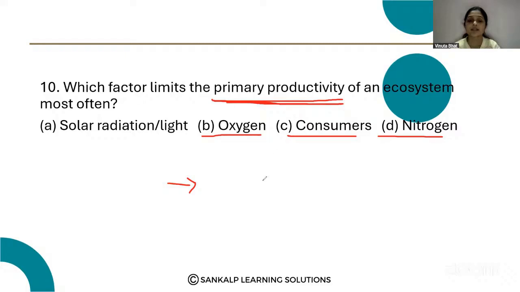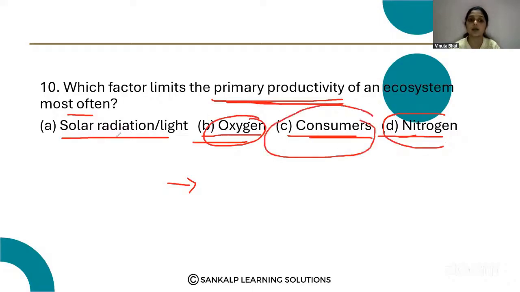So which factor limits the primary productivity of an ecosystem most often: solar radiation, oxygen, consumers, nitrogen. Nitrogen and oxygen normally do not affect the primary productivity, and neither do consumers. Mainly it is solar radiation or the light.